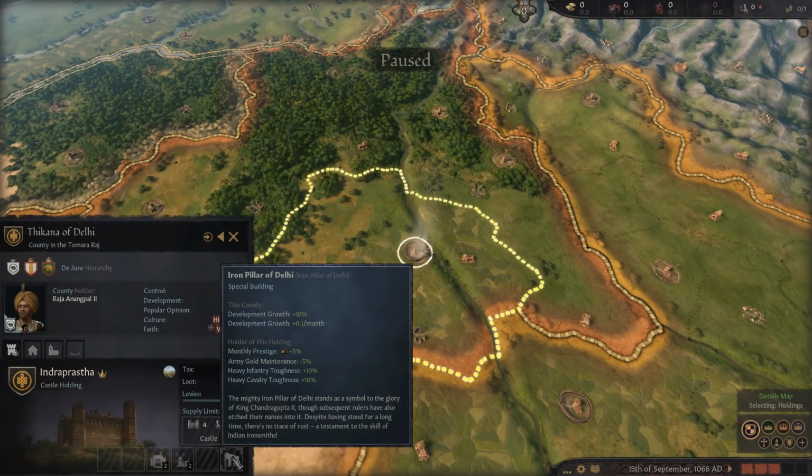Despite having stood for a long time, there's no trace of rust, a testament to the skill of Indian ironsmiths. So what does this give you? We have county and realm modifiers here. For the county, it gives you development growth +10%, as well as +0.1 per month. Then realm-wide, a monthly prestige of +5%, army gold maintenance -5%, and heavy infantry and heavy cavalry toughness increases by 10%.